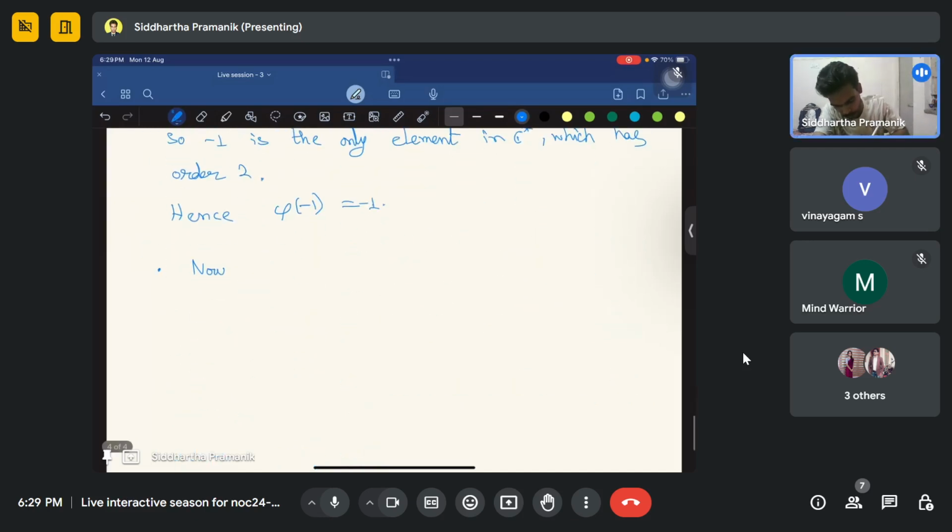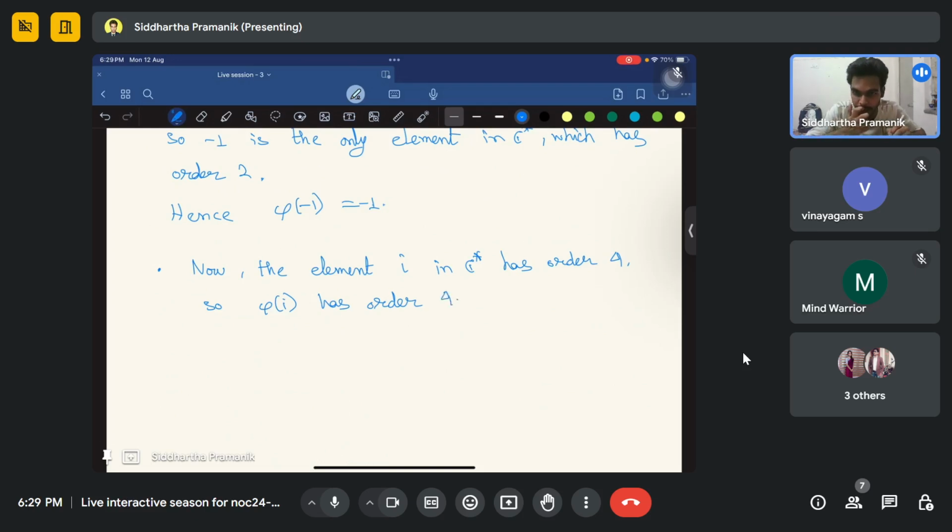The element i in C star has order 4, right? So its image also has order 4 because it is an isomorphism.